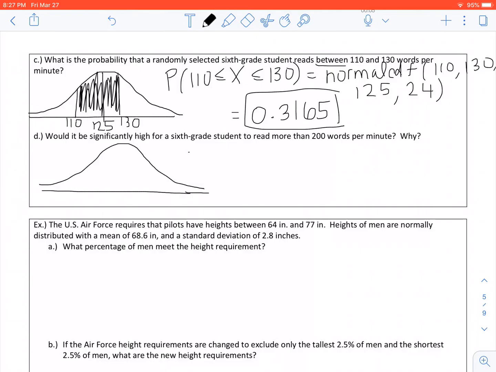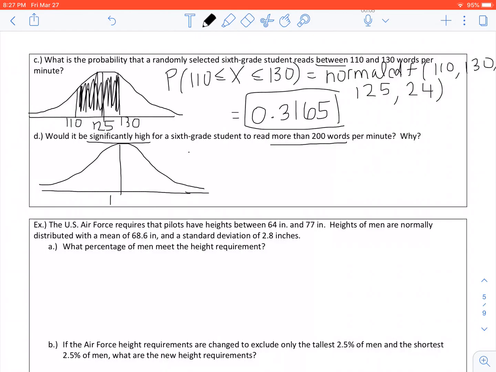Part D says, would it be significantly high for a sixth grade student to read more than 200 words per minute? So there's a few different ways to do this. We can do two different things in order to get this, so I'll do one of them with you. First thing is that we are still doing these students.